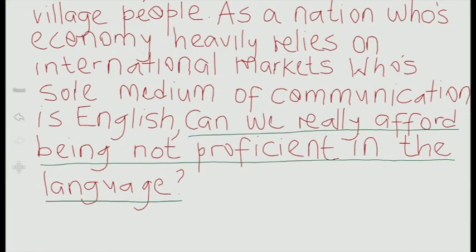A rhetoric question is a question that has got an obvious answer. And in this case, it is obvious because you've already presented the advantage or the disadvantage of not being able to communicate effectively in the English language. So you throw in that rhetoric question: can we really afford being not proficient in the English language? Then the answer is obviously no, we cannot afford. So by so doing, you've been convincing enough in your writing, in your argument.